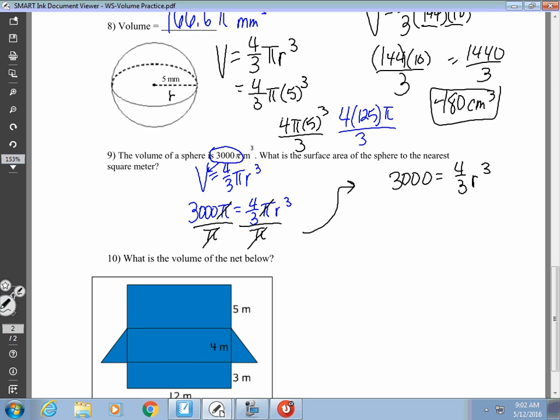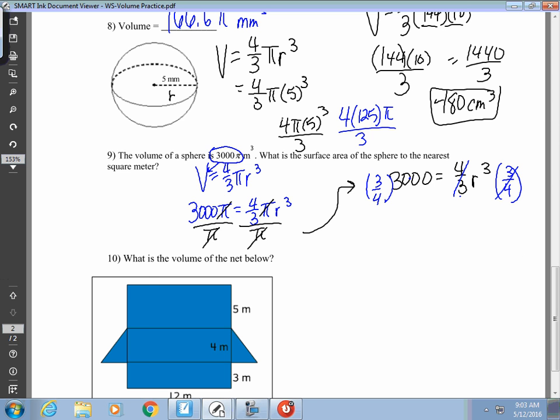So now guess what I need to get rid of? The 4/3. To get rid of this fraction, I got to do the reciprocal. I got to flip it. So I'm going to do times 3/4 on both sides. That would get rid of my 4/3. Basically I'm saying 3 times 3,000 divided by 4.